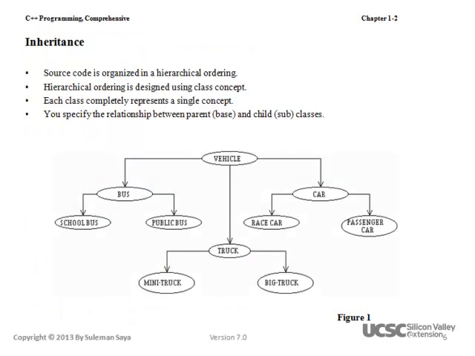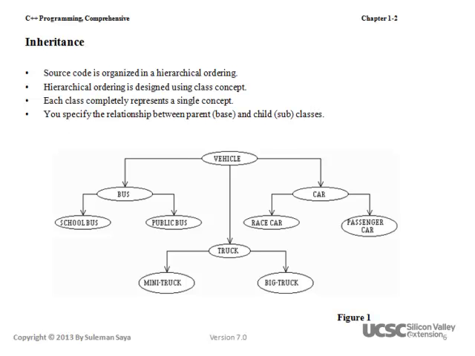So let's look at inheritance now. This is a basic overview of inheritance. We will go into far more detail about inheritance in chapter 7. Please understand, this is a very quick example about inheritance, just to give you a very high level overview of how it is designed to work in the C++ language. Source code is organized in a hierarchical ordering.